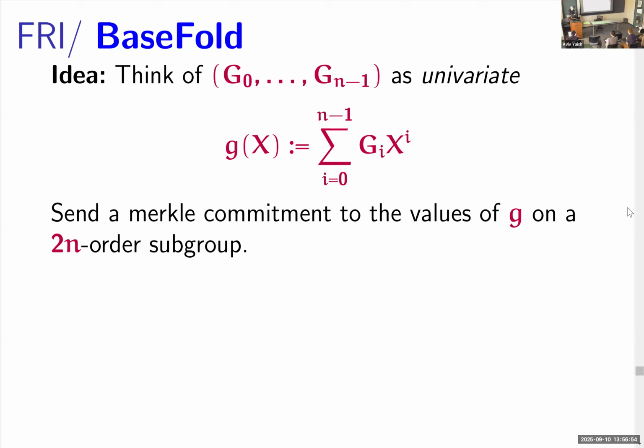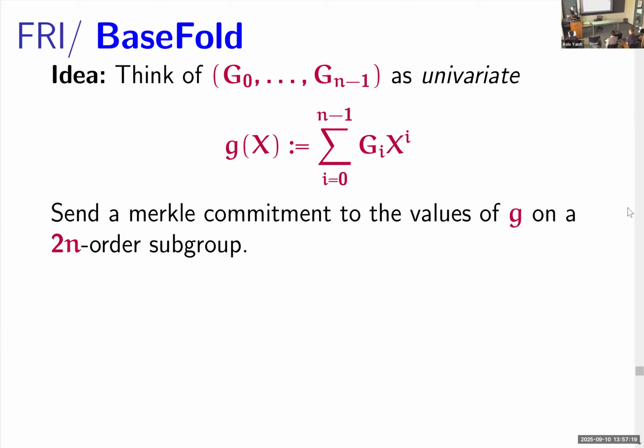So when we say x to the i, x is a variable, but you instantiate it as a field element. Got it. So we're going to send a Merkle commitment to the values of G on a 2n order subgroup in the field.